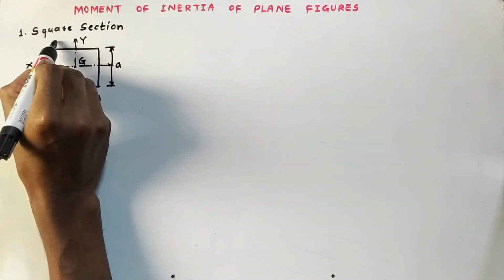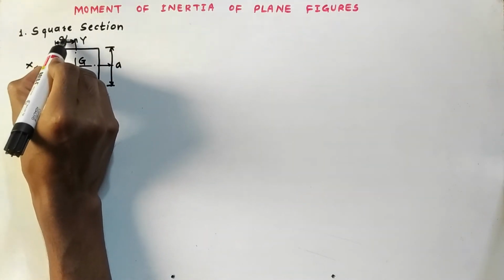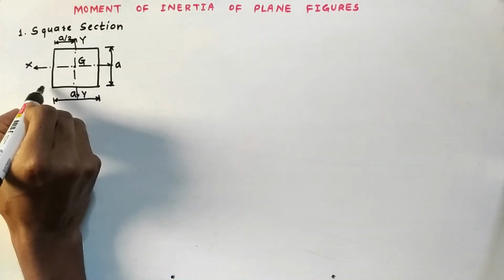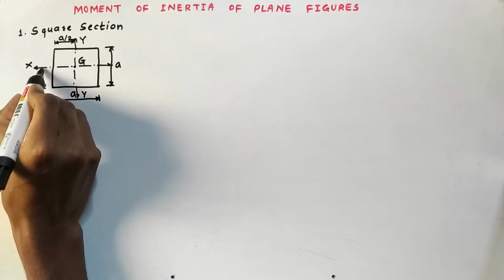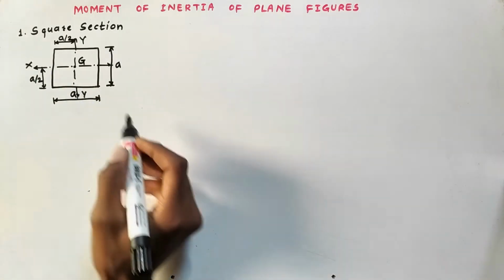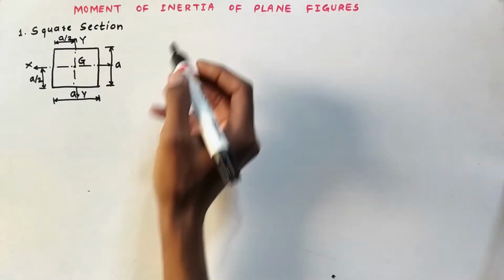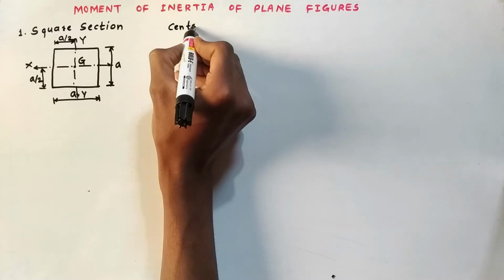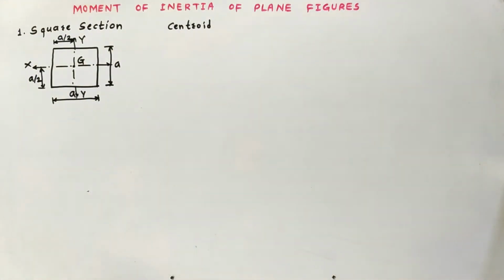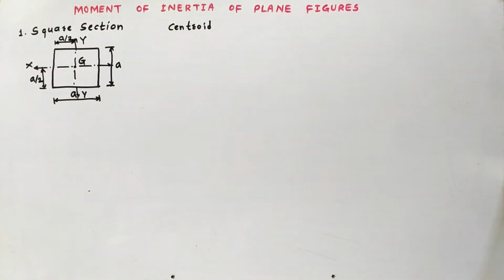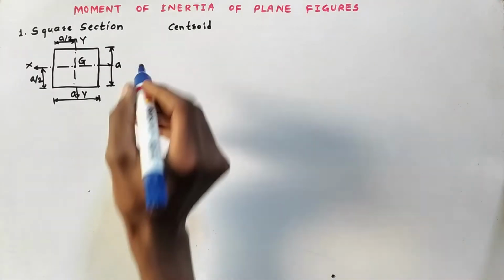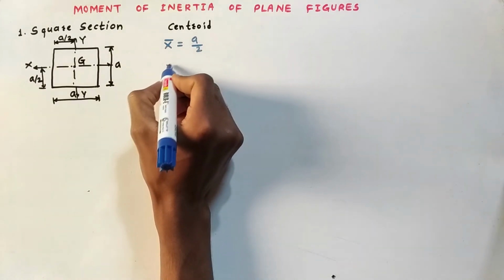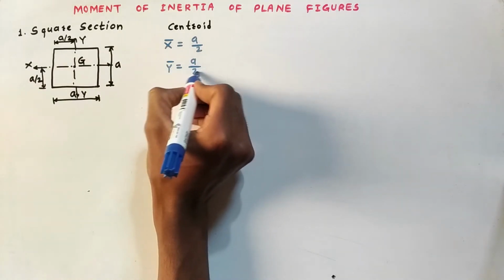Now this centroid is A by 2 from this vertical side, that is x bar, and from the bottom the centroid is at A by 2. So for the square section, centroid x bar is at A by 2 and y bar is also at A by 2.